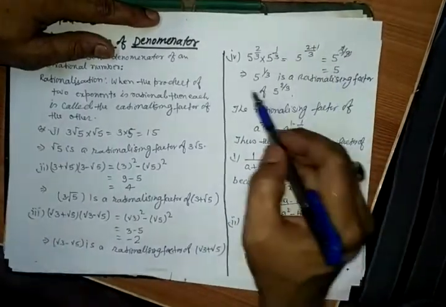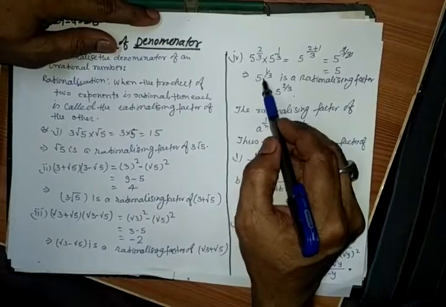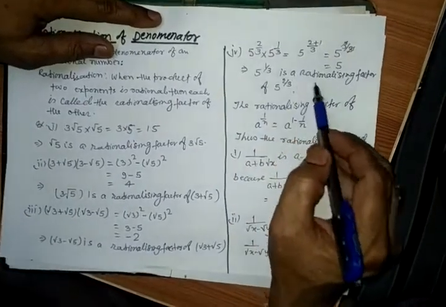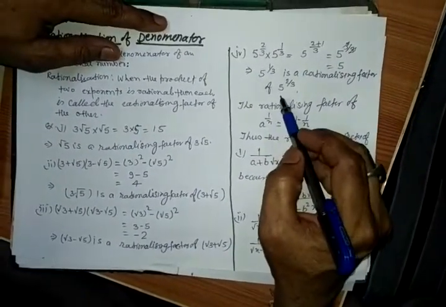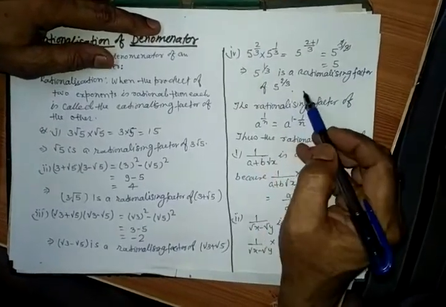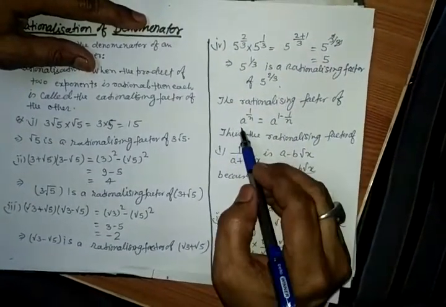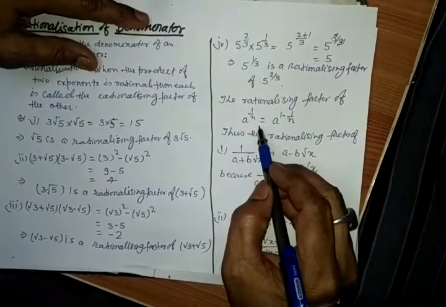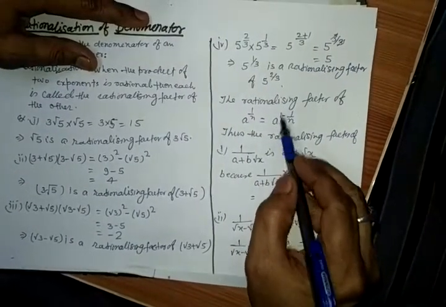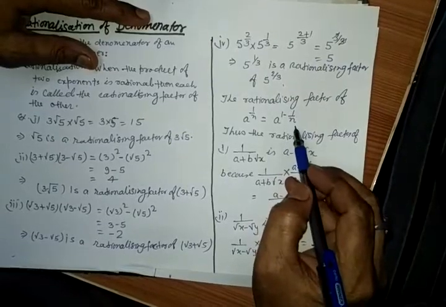That's why 5 to the power 1 upon 3 is a rationalizing factor of 5 to the power 2 upon 3. The rationalizing factor of a to the power 1 upon n is a to the power 1 minus 1 upon n.